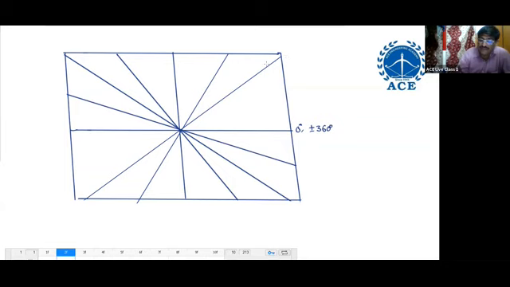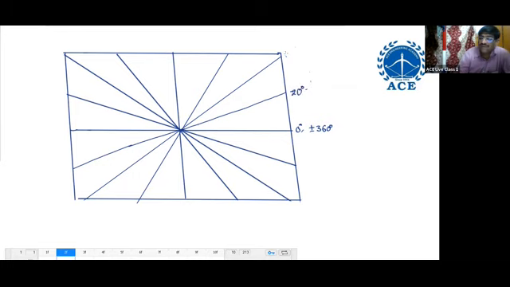Like for example, this is one more line we'll draw. This is for example 25 degrees, 45 degrees, or 20 degrees, 50 degrees.